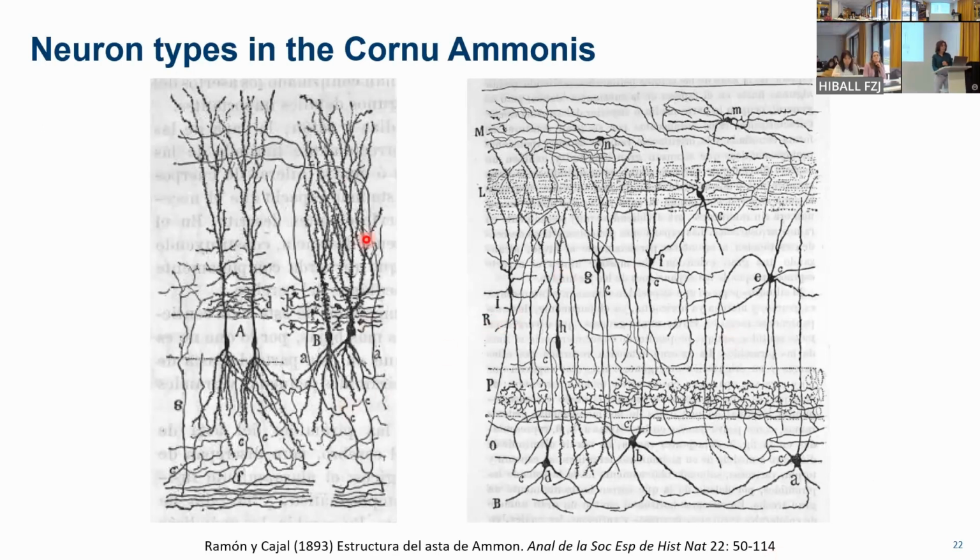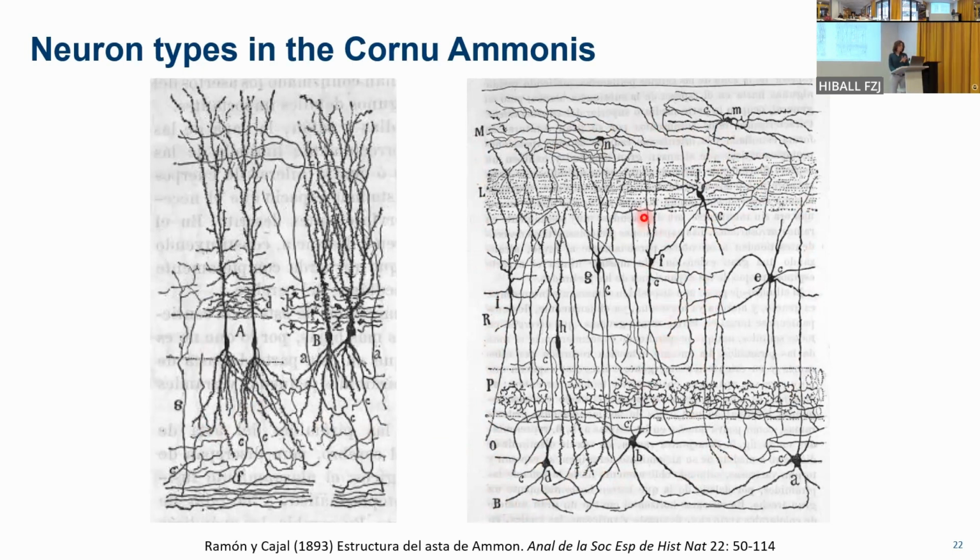And on the left, there are drawings of the pyramidal cells, so the main cell type in the cornu ammonis. And here on the right, we've got the different layers that I just described earlier on. And then he's drawn different kinds of neurons that you can find in here. And he has placed them in the layers in which they can be found, okay?